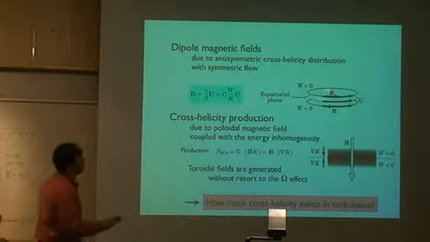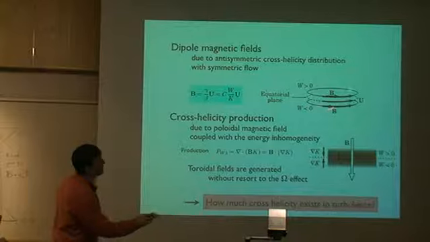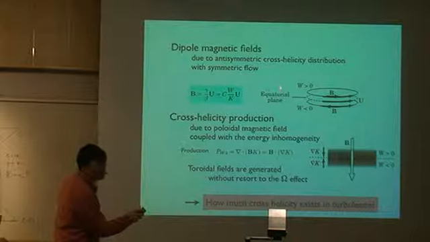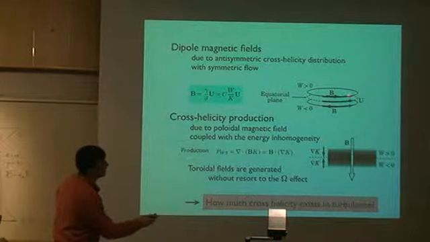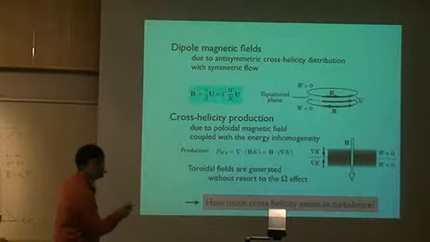So if we have a symmetric velocity field with respect to the mid-plane, then due to the spatial distribution of the cross-helicity pseudoscalar, it is highly probable we have an anti-symmetric distribution of magnetic field as a consequence of this solution.